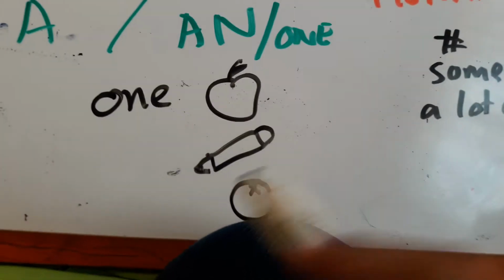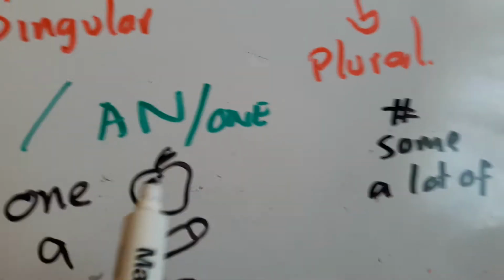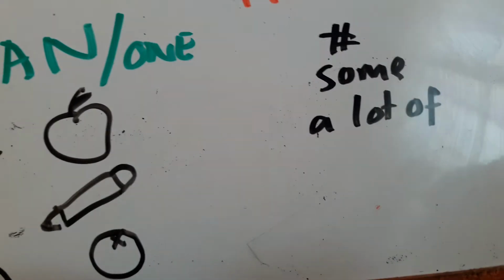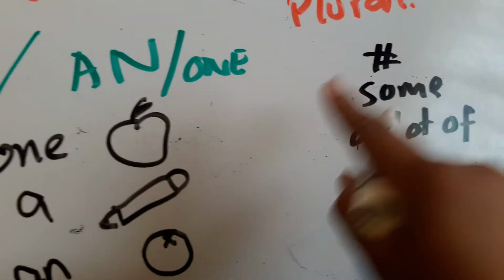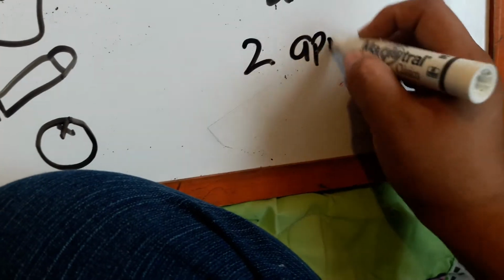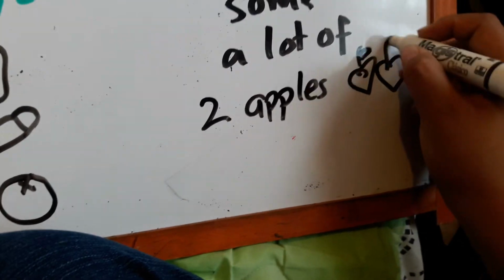So those are a pencil and an orange. Okay, those ones are for singular. We can use the same in plural, okay? So we can use the number 2, 3, 4, 5, and all of them. So here, one apple, it could be like 2 apples, right? Imagine that they're apples.